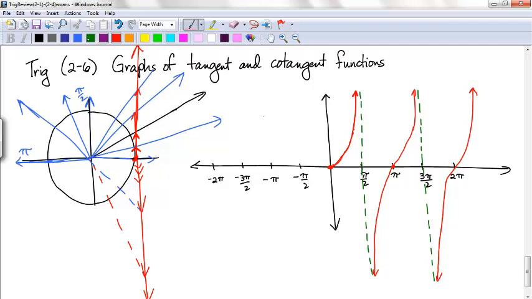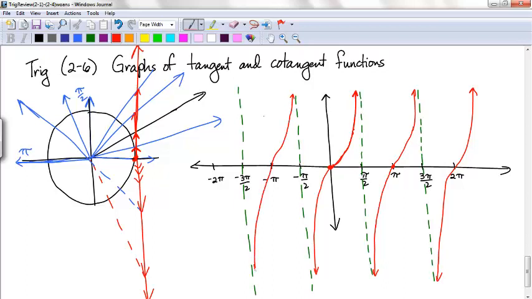At negative pi over 2, there's an asymptote. At negative 3 pi over 2, there's an asymptote. Okay. And you should notice some symmetry there. And there's an arrow on both ends. Okay. So it starts at the origin.